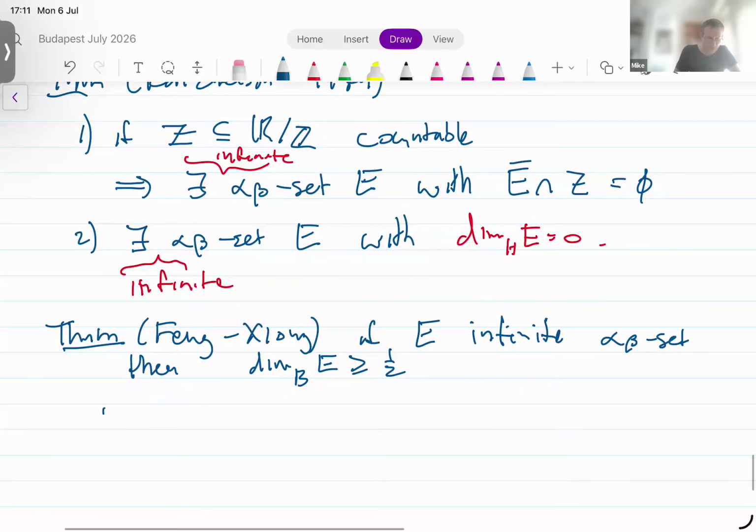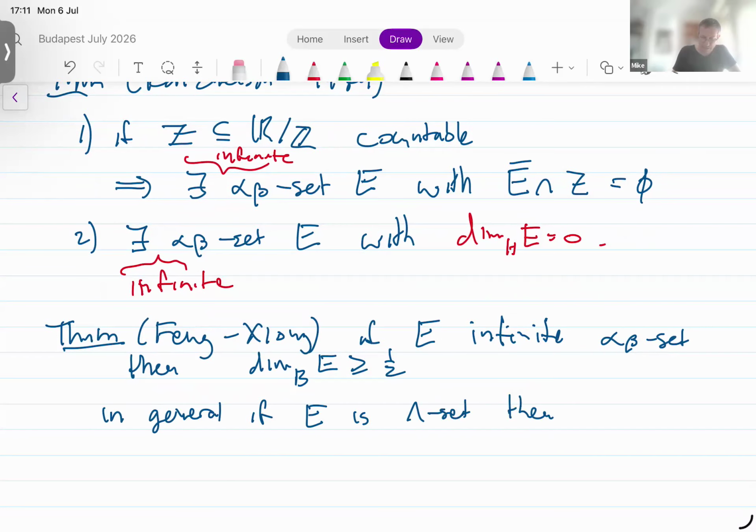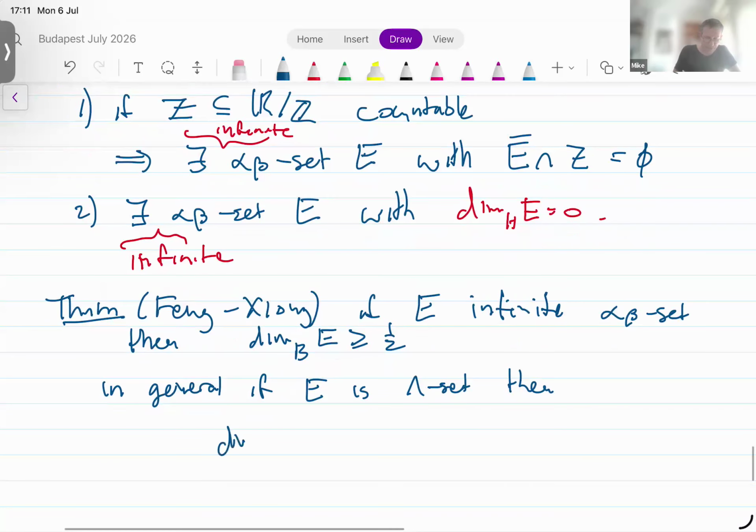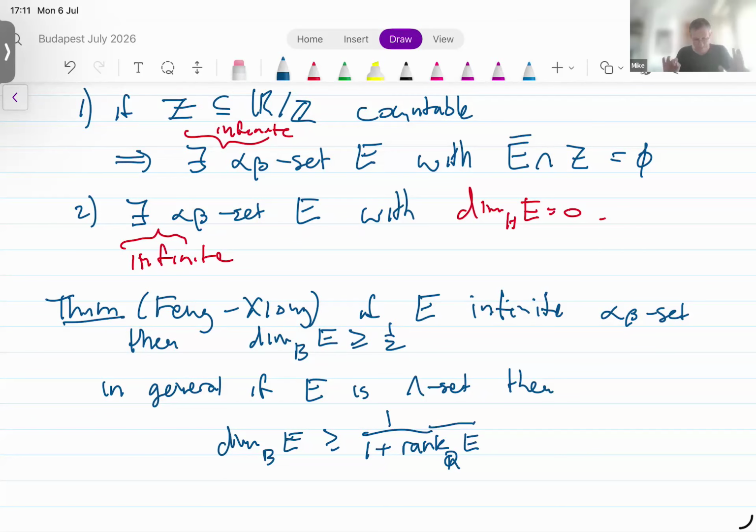And in general, if E is the lambda set, then the box dimension of E is at least as big as 1 over 1 plus the Q rank of E. I believe this is the right formula.